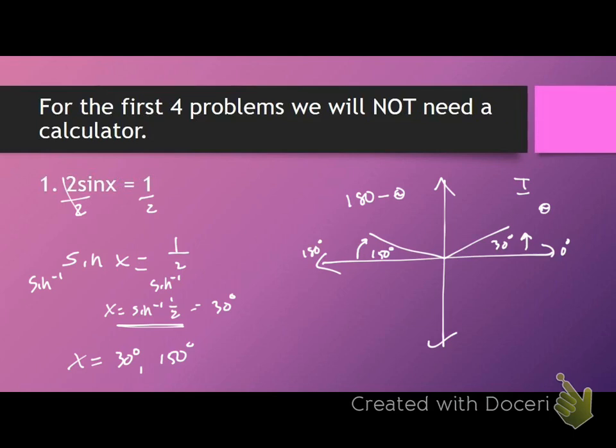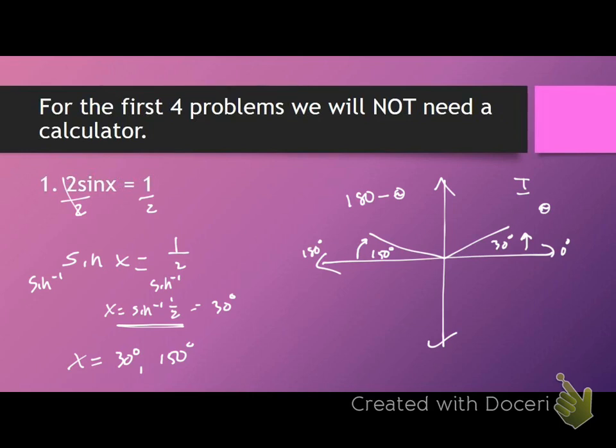So when our calculator gives us 30 degrees, we're in quadrant 1, and we know that quadrant 2 gives us the other angle measure, then we can just take that 30 degrees and subtract it from 180 and get the other angle measure. Okay? So that's how we get those 2 answers.